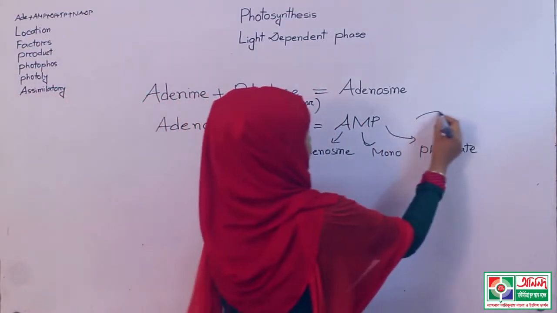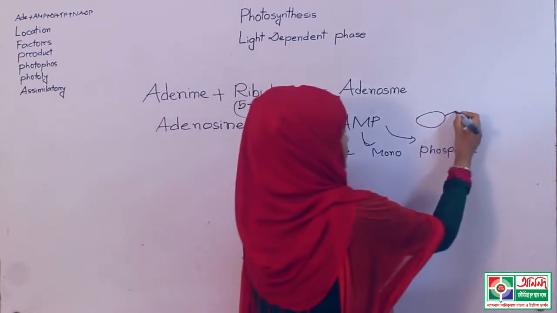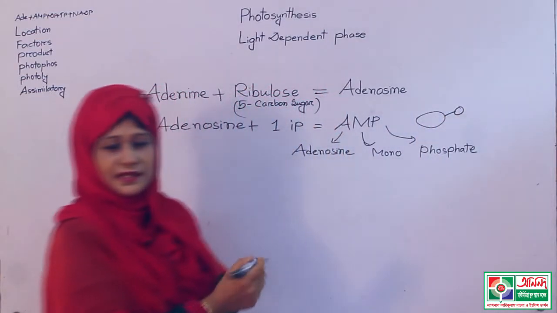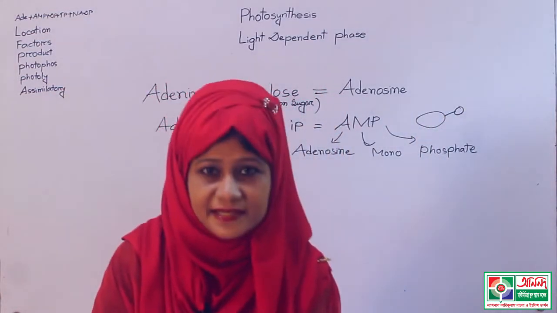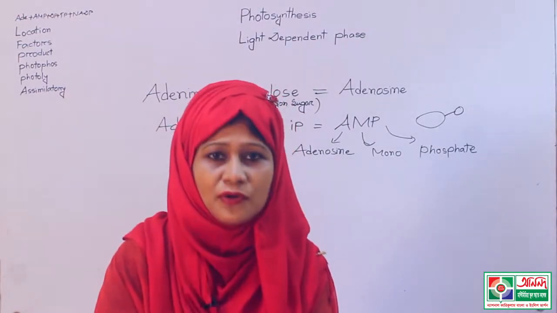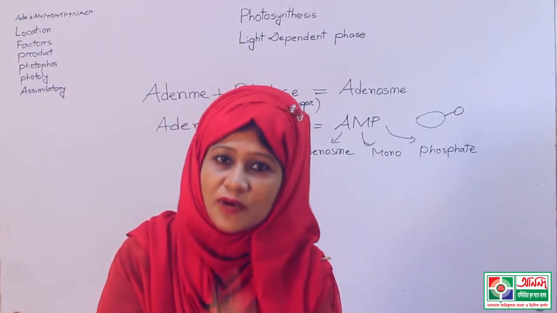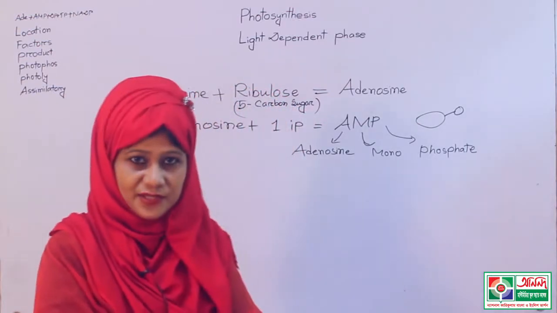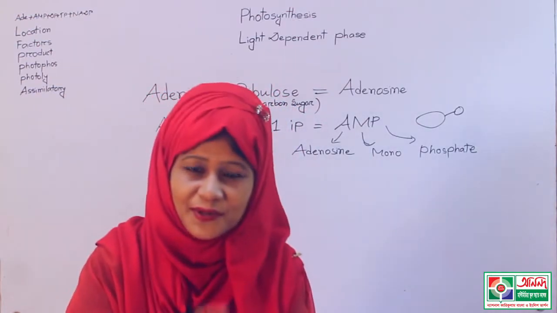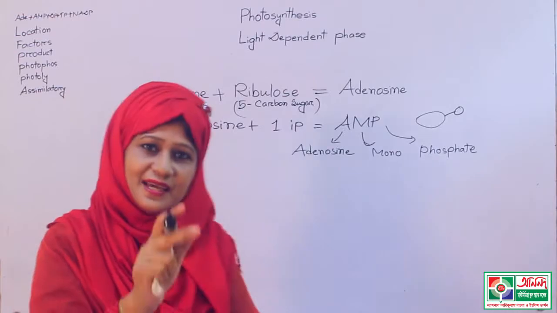Suppose this is adenosine and this is one phosphate, then we will call it adenosine monophosphate. Mono means one phosphate. That's why adenosine monophosphate or AMP.